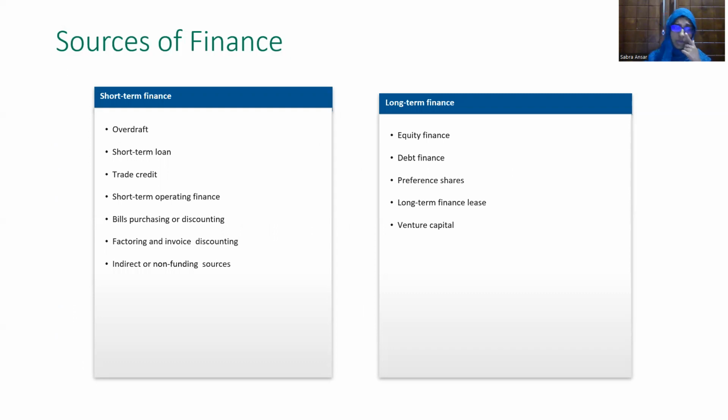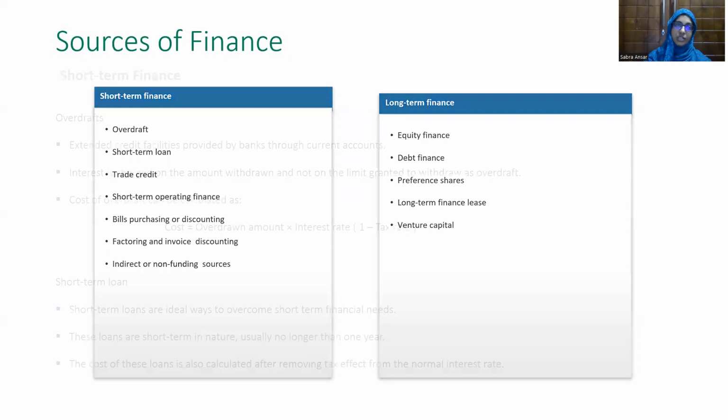It could be trade credit or short-term operating finance related to bills, purchases, factoring and invoices, and it could even be non-funding sources. Long-term finance could be equity finance, debt finance, preference shares, leases, or even venture capital. So the sources of finance can be short-term as well as long-term, which we need to understand.